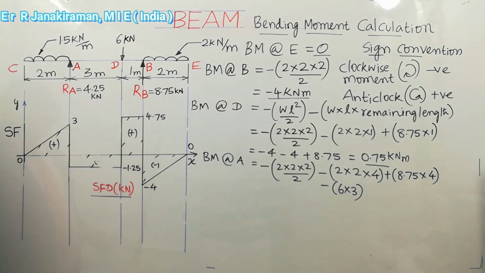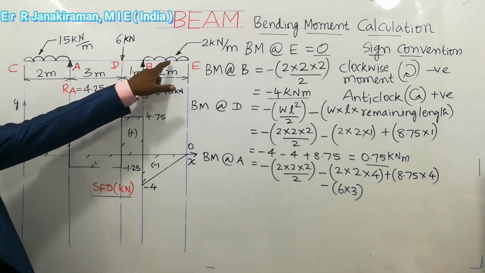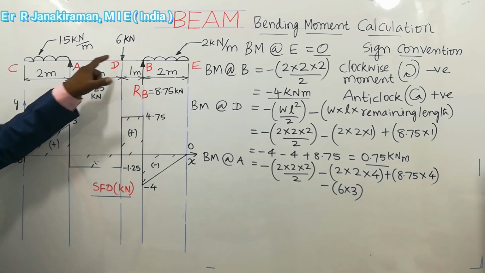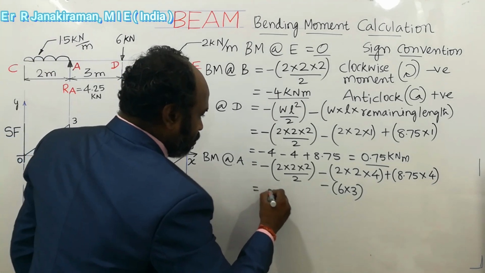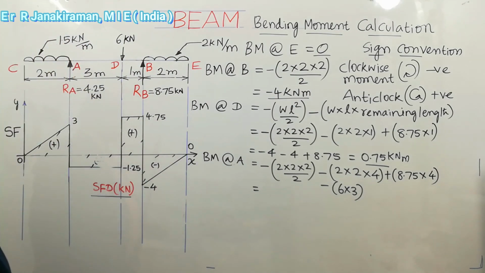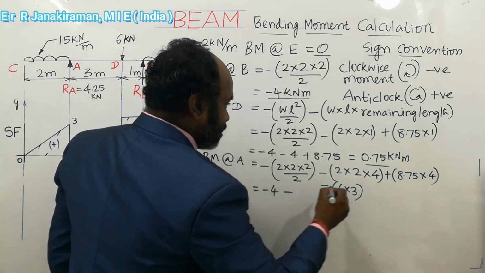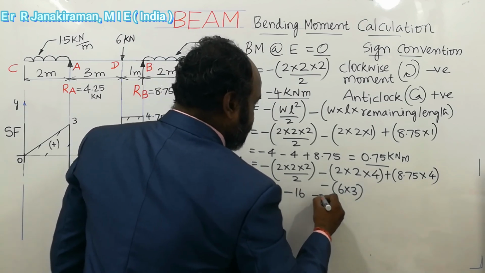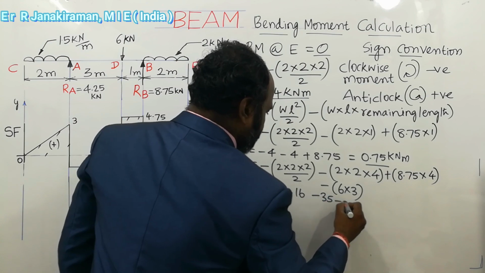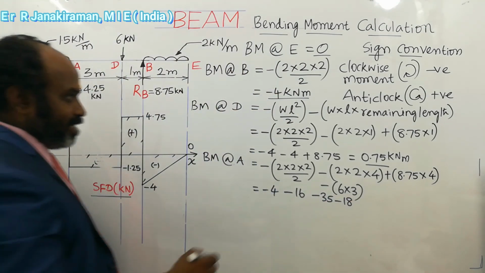Understand? All the loads up to point A, the previous loads, have been considered. So this is the calculation: 2 into 2 into 2 by 2, minus 4, minus 16, plus 35, minus 18. Understand? So that is equal to minus 3.